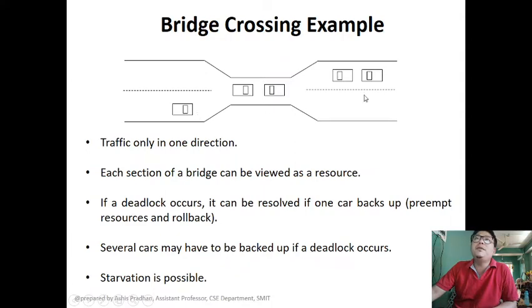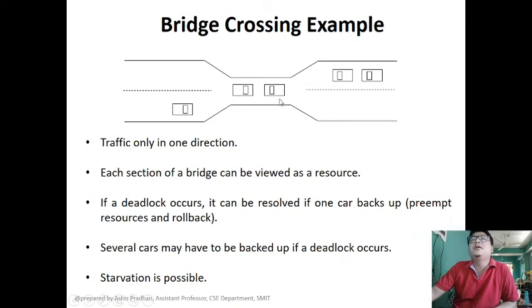But in between these two bridges, there is a narrow bridge where only one car is allowed to move at a time. Suppose at a particular time there is a car which has reached this position, and there is another car from the other direction which has reached this location. Okay, now this car will expect the other car to move back and vice versa.